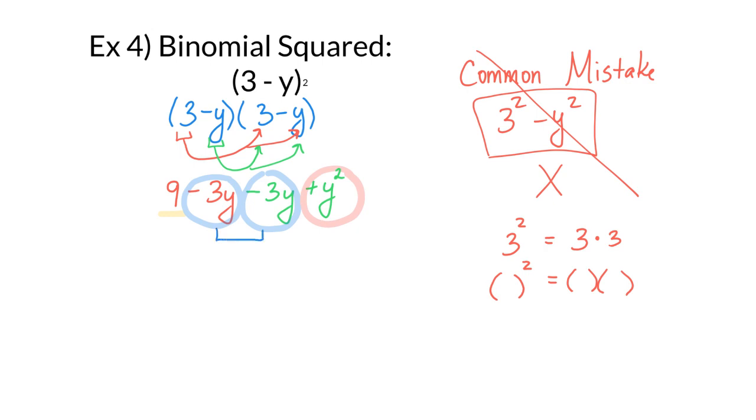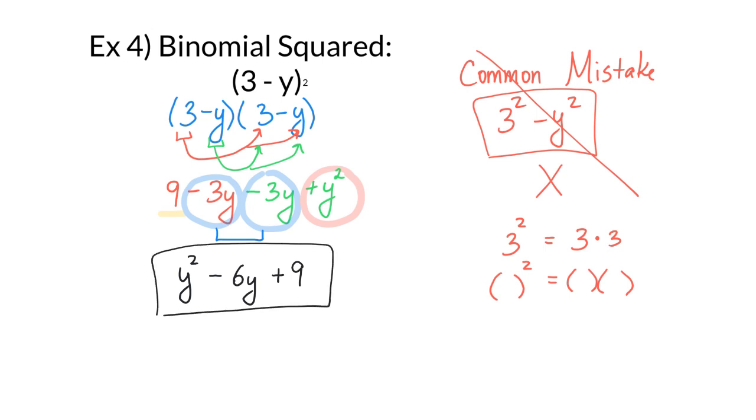So I'm going to combine or collect these 2 like terms, and my final answer will be written in the correct order. y squared, the highest exponent, minus 6y plus 9. Remember, constants go at the end. That is my final answer.